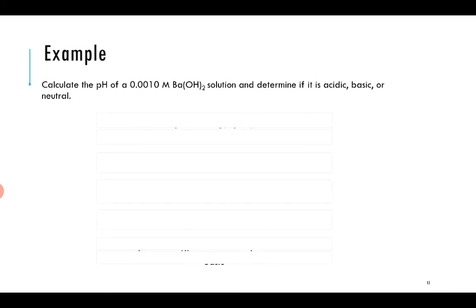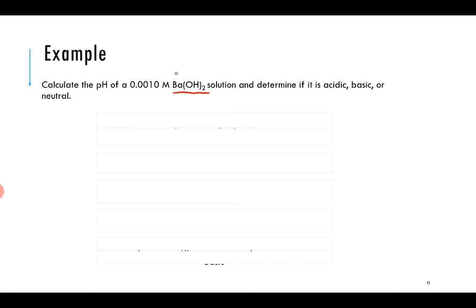Here's an example problem. This problem says calculate the pH of a 0.0010 molar barium hydroxide solution and determine if it's acidic, basic, or neutral. Before we calculate, let's make a prediction about what we think it will be. Do we think it will be acidic, basic, or neutral based on the chemical formula?